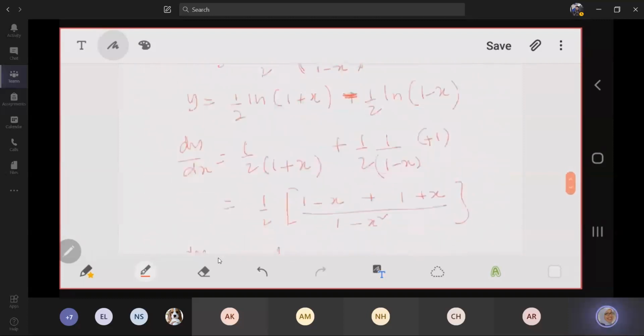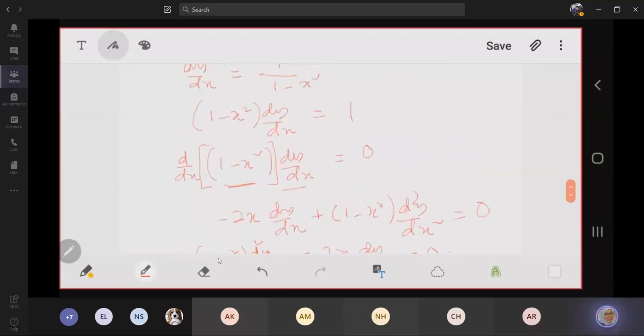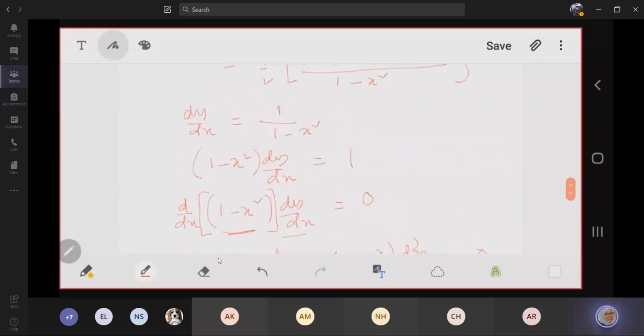Alright. So after that, find the series expansion of this. dy by dx, this one is like f prime of x.